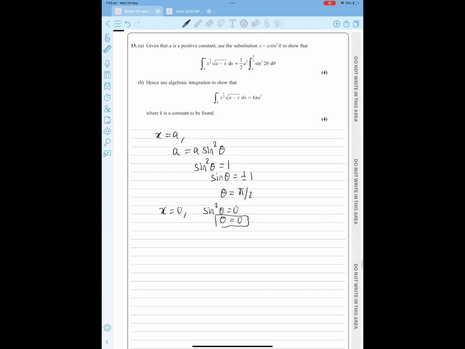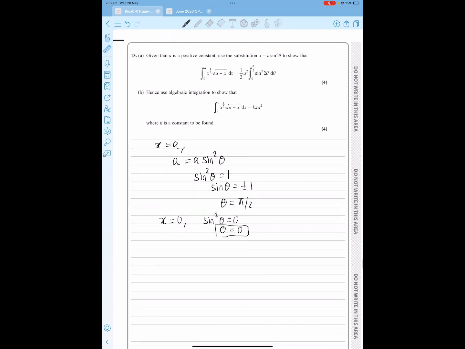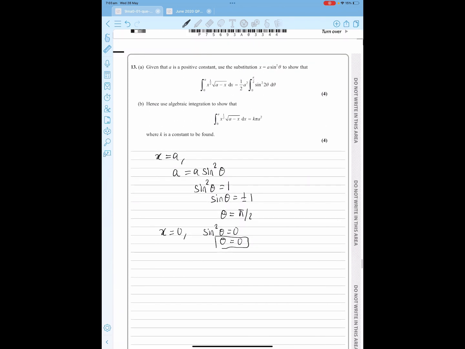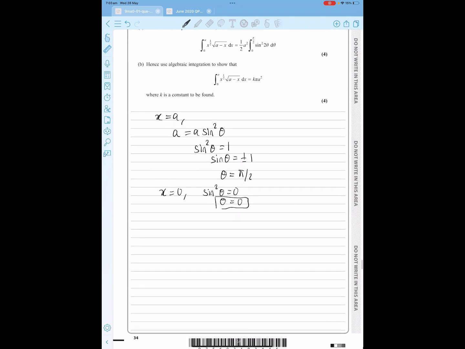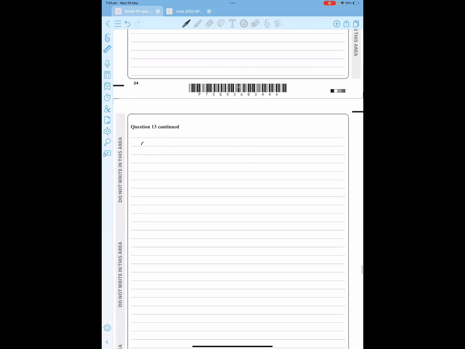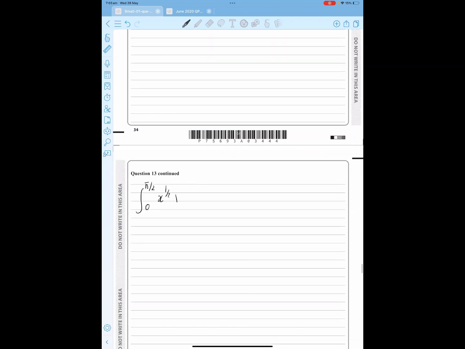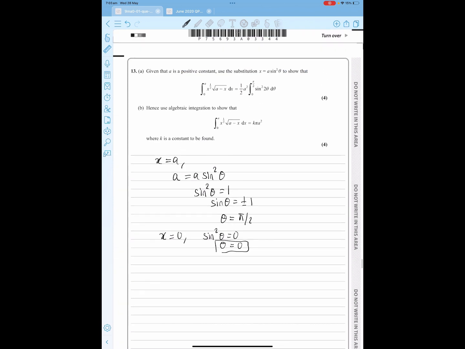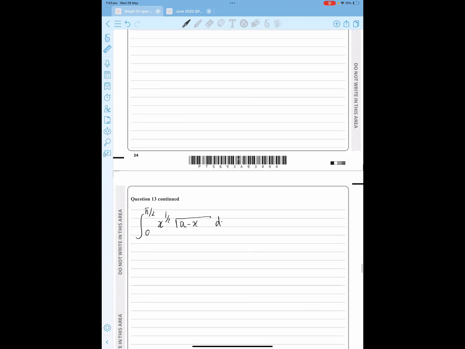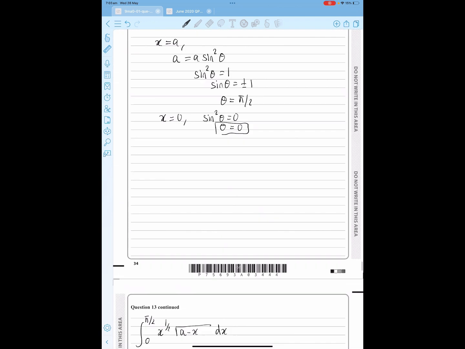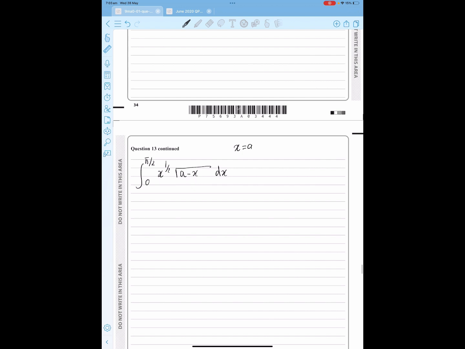And now we can actually do some integration. Let's start off by plugging the value of x in. Let's rewrite it: the integral from 0 to pi over 2 of x to the power of half, root a minus x, dx, and x equals a sine squared theta.